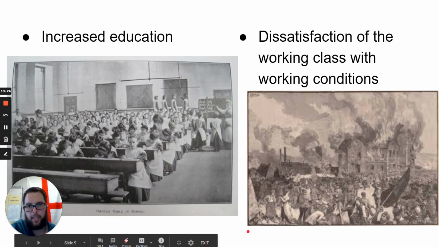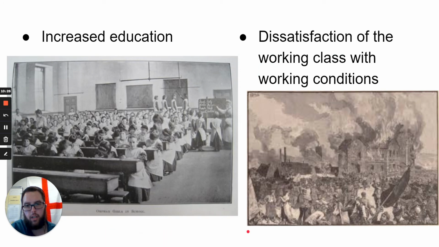Now, another impact is increased education. Eventually, we're going to look at what happens because children do work in the factories, but we begin to look at, as part of this Enlightenment that's left over from the Enlightenment of the 1700s, we start to see the desire for education, right? And we know that Napoleon in France had set up public education. Well, England would also establish public education.